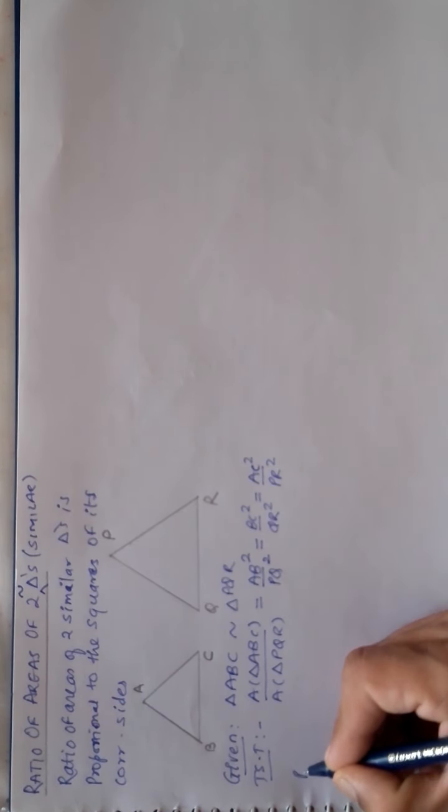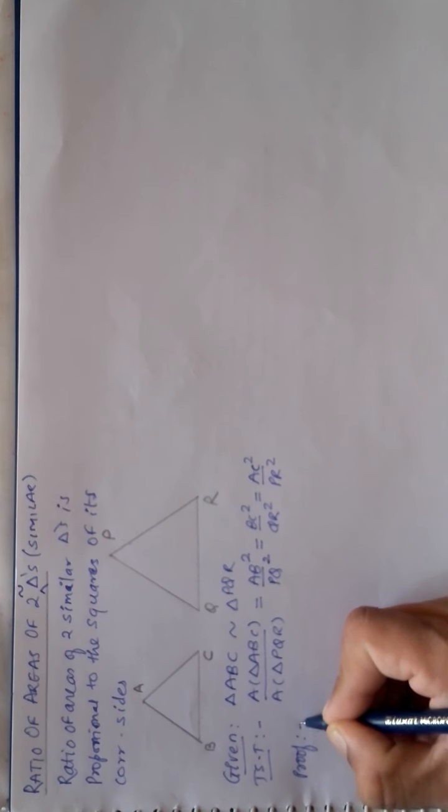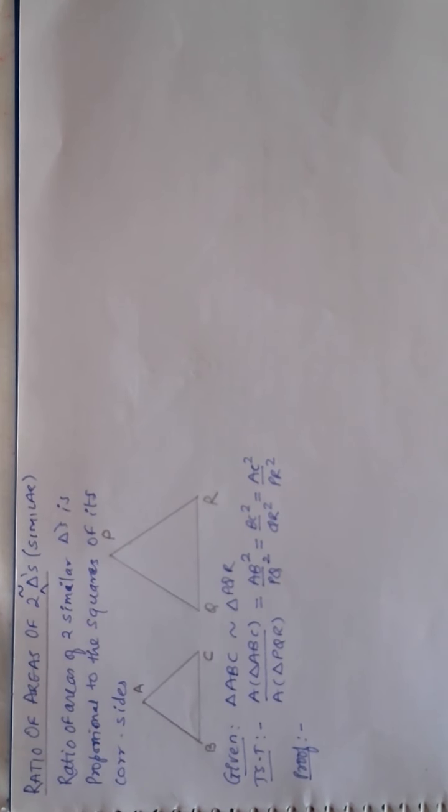Now when I go to the proof, the line of thinking comes from what is asked already. You take the area of the triangle. To take the area of a triangle, any side can be considered as the base, but to complete the formula you require height, and that height is not here. So I will draw the height.